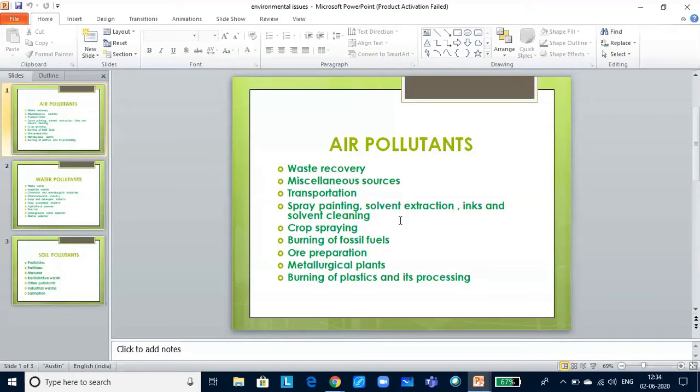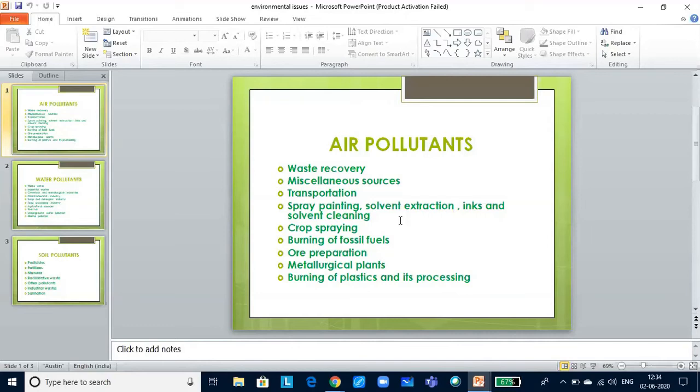Then transportation, that is automobile combustion sources. Now, they can release a lot of pollutants like aerosols, smoke, lead, extraction, ink, and solvent cleaning. So the source would be furniture, appliances, drying.